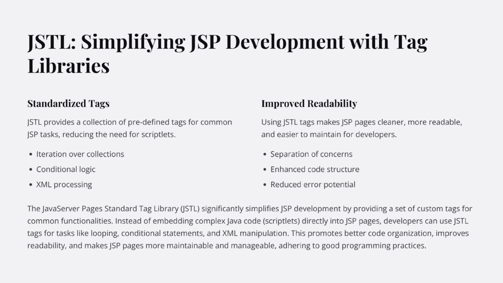It helps replace Java scriptlets in JSP with simple, clean tags, improving code clarity and reusability. Other than this, JSTL provides a collection of predefined tags for common JSP tasks, reducing the need for scriptlets.